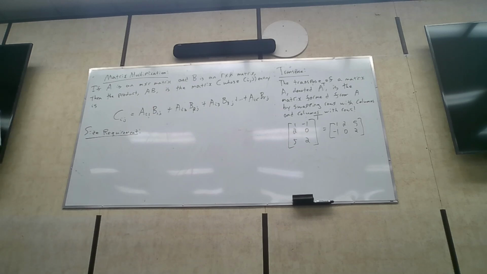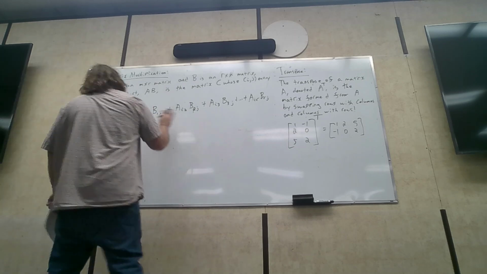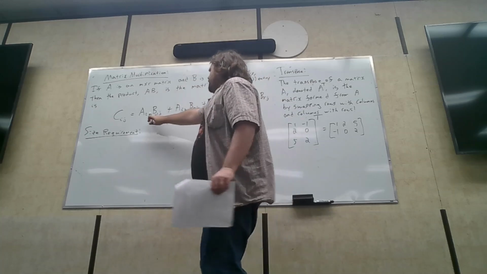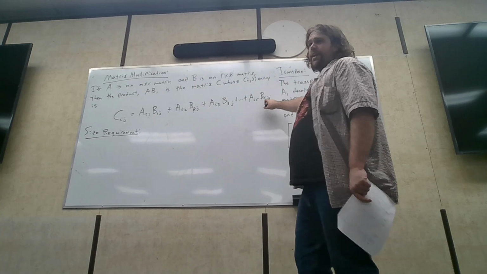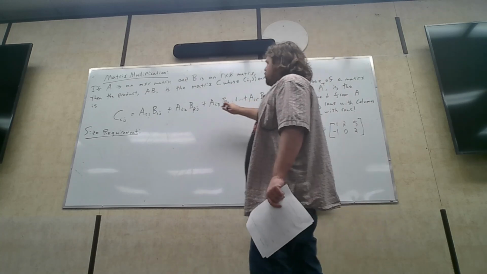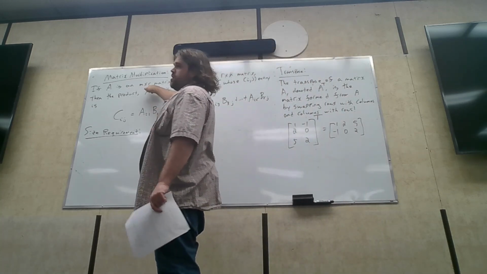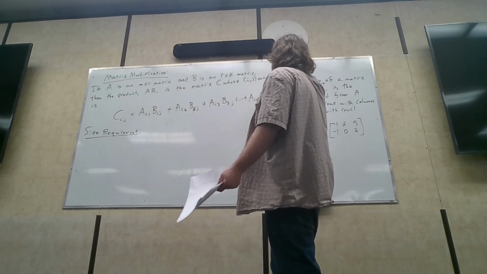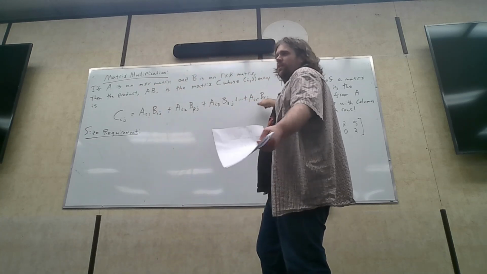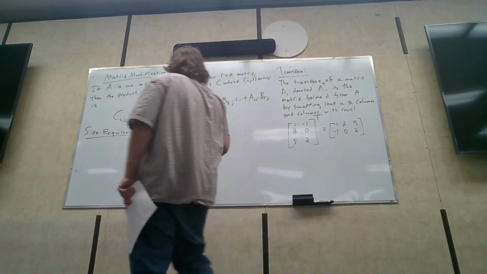They need to agree. And it kind of makes sense. If we define this multiplication like this, we go, this number is 1 and 1, 2 and 2, 3 and 3, and we keep doing it till we get to r. So if this were a 5 by 3 matrix, and this were a 2 by 5 matrix, then we're going to run out of numbers in this formula. So those have to be the same.